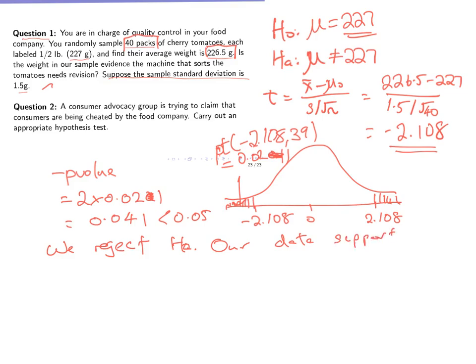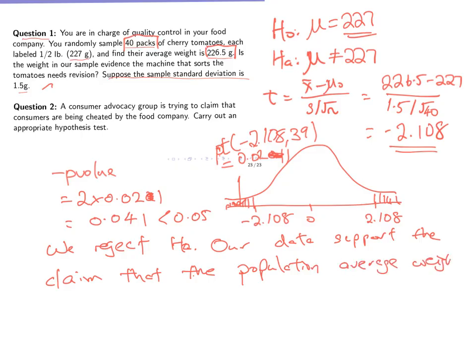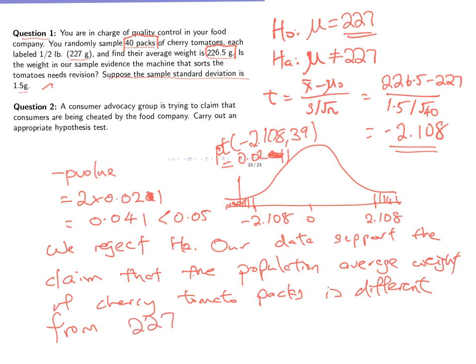Our data support the claim, and you should write it in context, the claim that the population average weight of the cherry tomato packs is different from 227 grams.